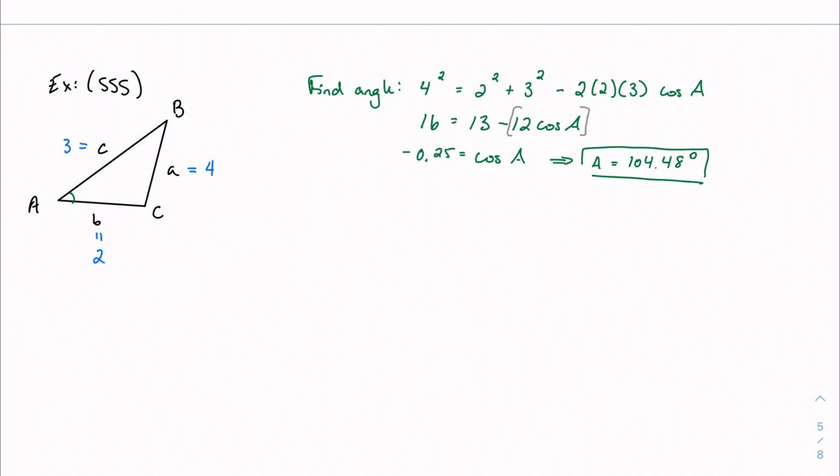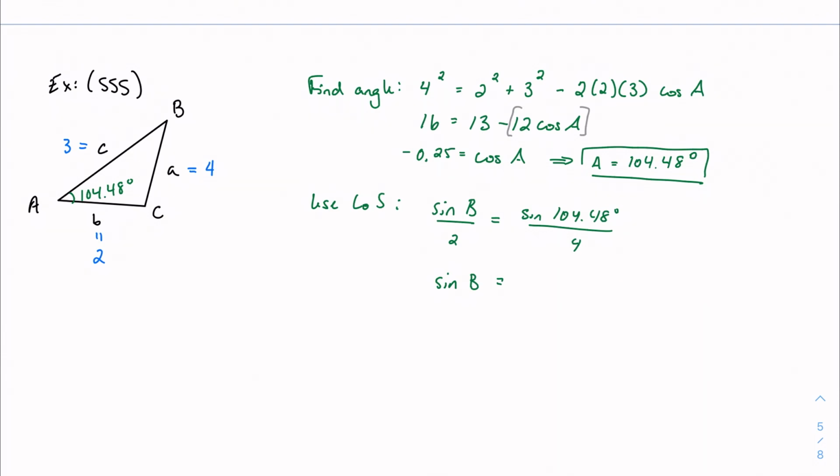Well, now, since we have an angle and its opposite side, I can just use the law of cosines. Sorry, the law of sines. Use the law of sines. It's easier. So we can do sine B over 2 equals sine 104.48 over 4. We don't really need to cross multiply. We can just multiply by 2. So I'll take sine 104.48 divided by 4 times 2.